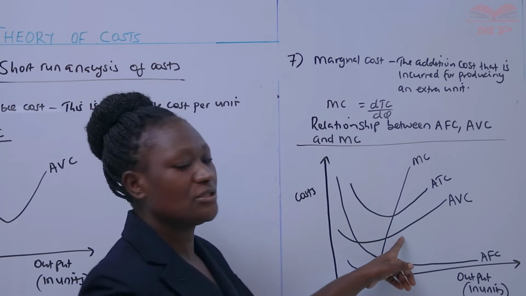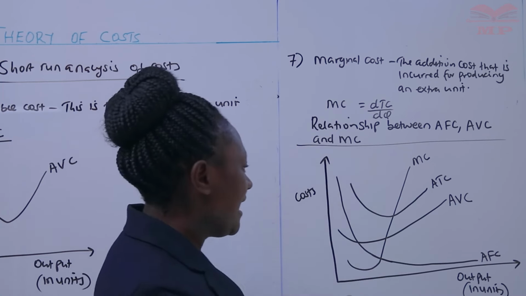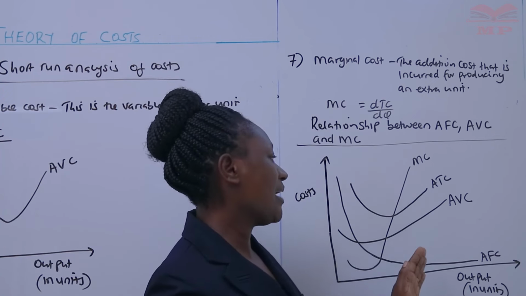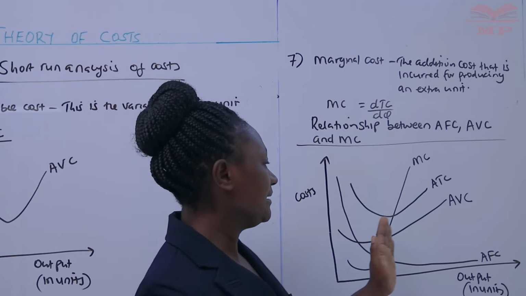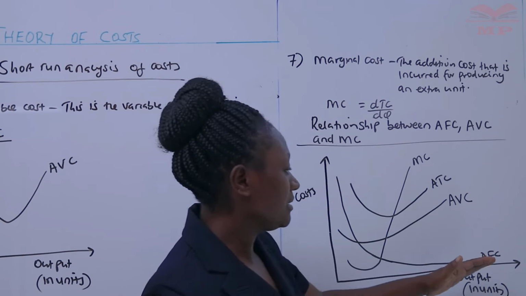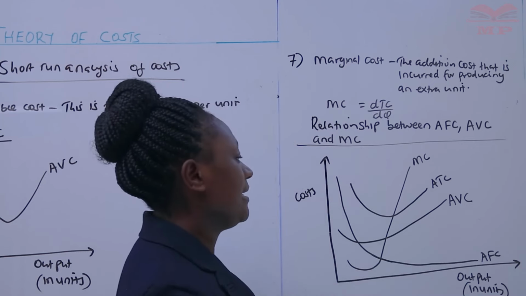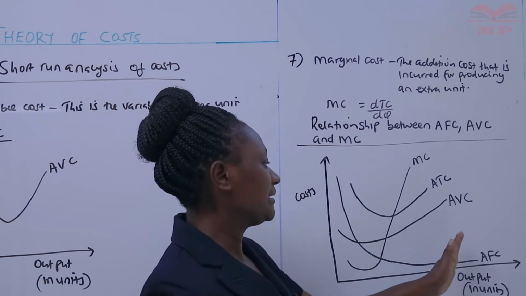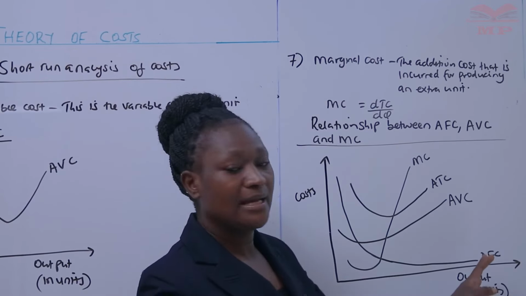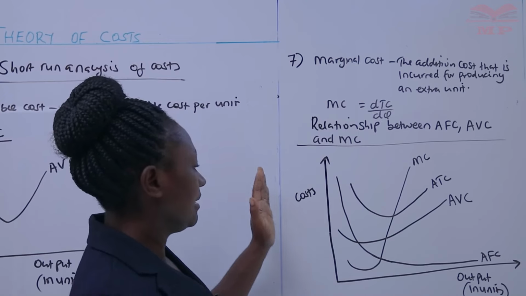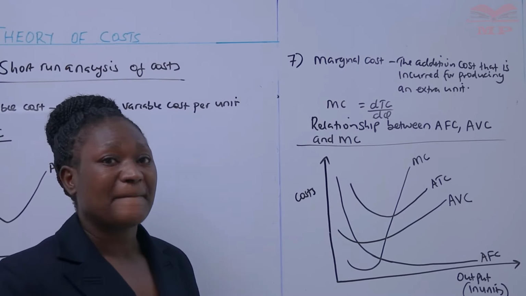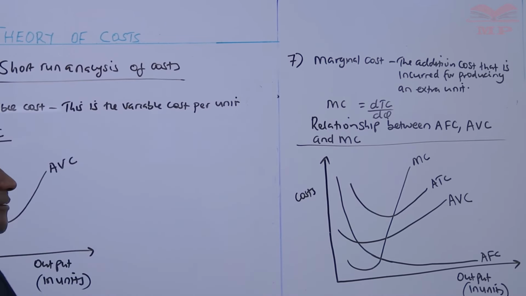The average variable cost is also increasing. And then average fixed cost is falling continuously. So as the others are rising, this is falling continuously, though it is not able to reach the x-axis. So we say it is asymptotic, meaning it cannot touch or intersect with the x-axis, neither can it intersect with the y-axis. So this is the relationship between these curves.